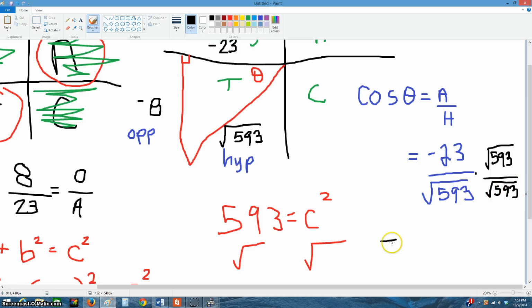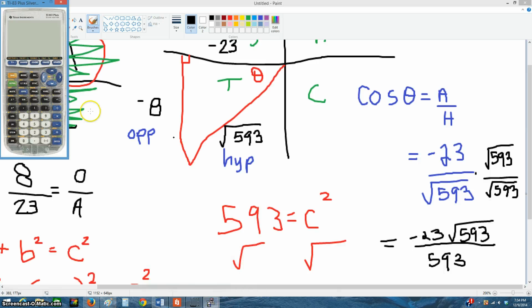So we get negative 23 radical 593 over 593. You have to be comfortable with rationalizing, because since it's a computer-generated test, you don't know if it's going to give it to you the clean version or just the regular way that I let you, or that I allow you to leave it in.